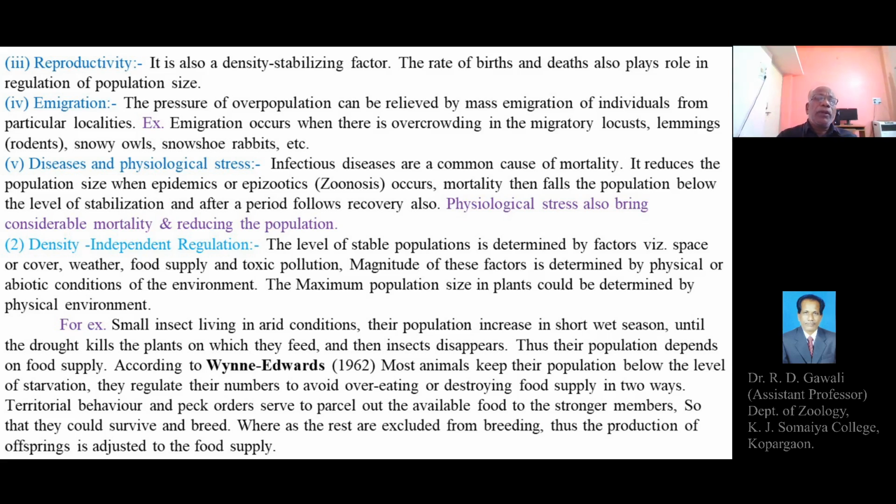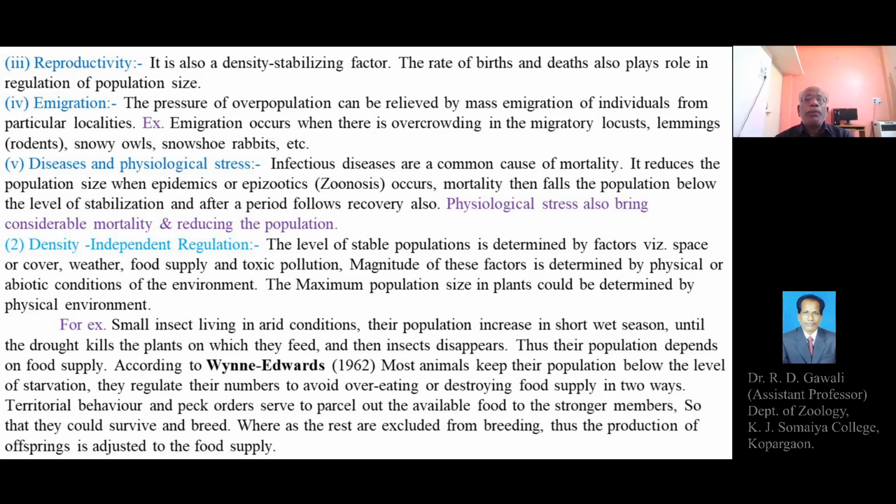Density independent regulation is mainly caused by abiotic factors such as space or cover, weather, food supply, or toxic pollution. The magnitude of these abiotic factors can determine the population size.